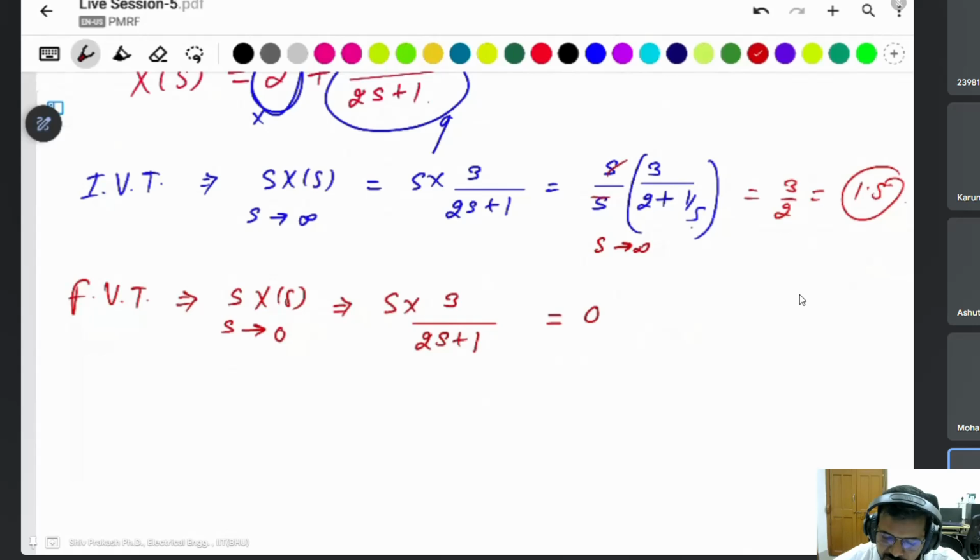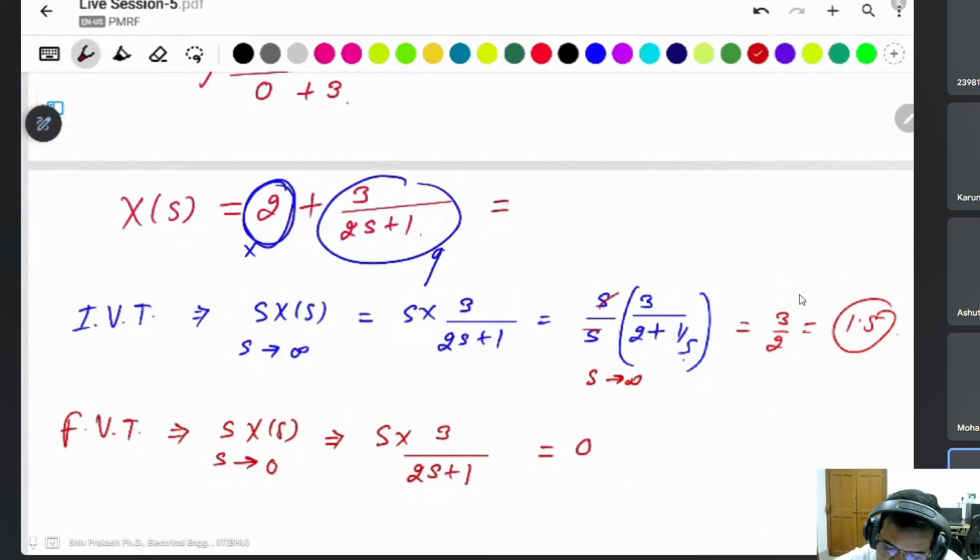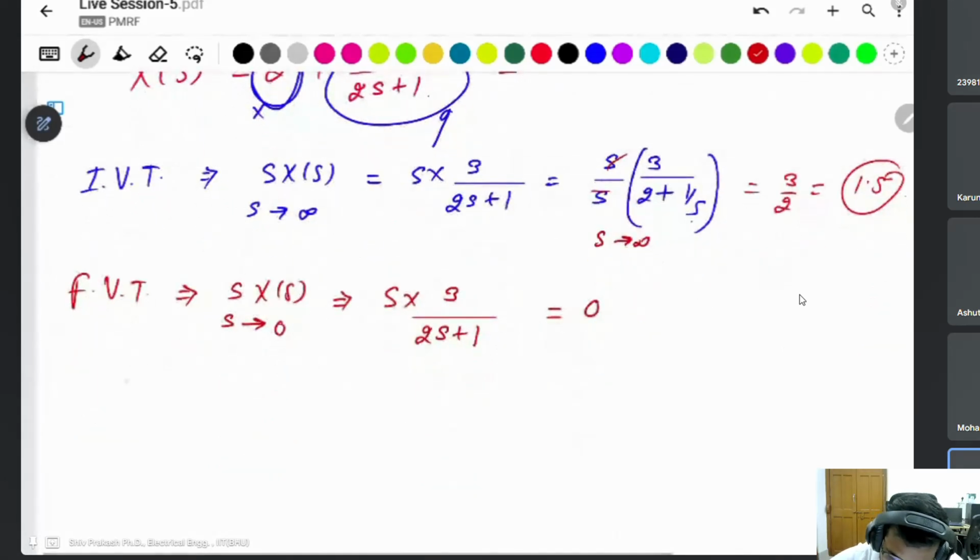How will it converge? Why is the final value not in this function? From this equation, take 2 common here. First of all, X(s) is equal to 3 divided by 2s plus 1.